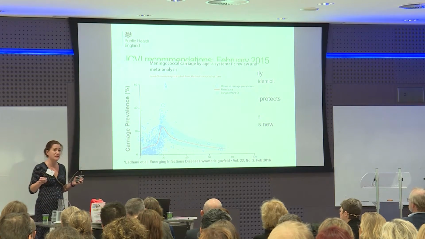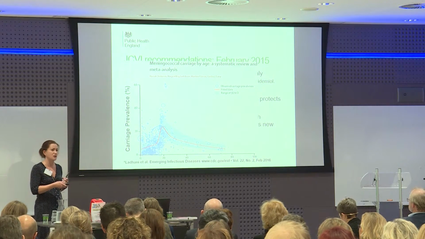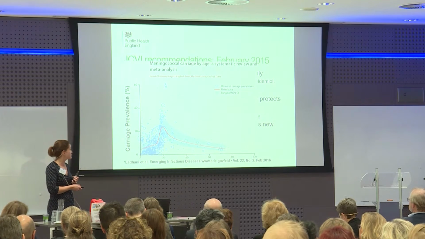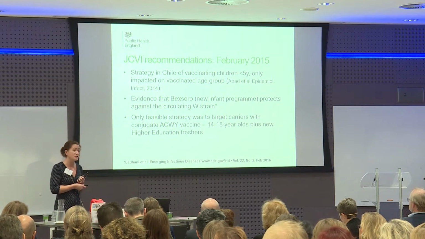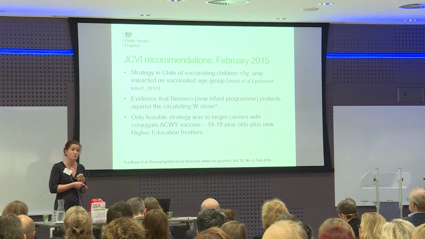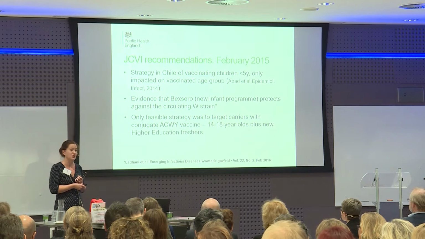And we know that the reason why the MenC vaccine program has been so successful is because we had that mass catch-up, which actually took carriage out of the population and then had a herd protective effect. So they recommended that 14 to 18-year-olds and new university entrants should be offered MenACWY vaccination.